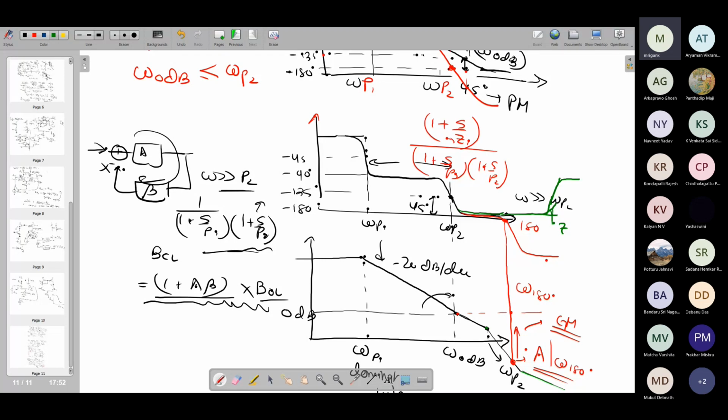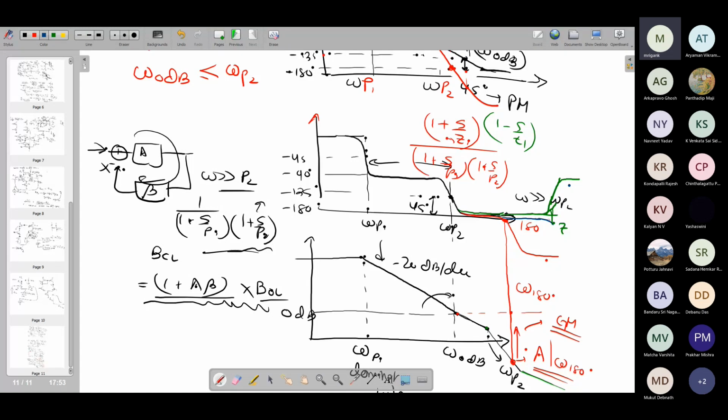In the other case, if you have 1 minus s upon z1, now this is contributing negative, right? Suppose at this particular point you didn't have the third pole, but you still have just the zero. Because of the zero, it will have a more damaging effect. Let me use the third color, maybe this one. This is the case where you have the zero term 1 minus s upon z1.